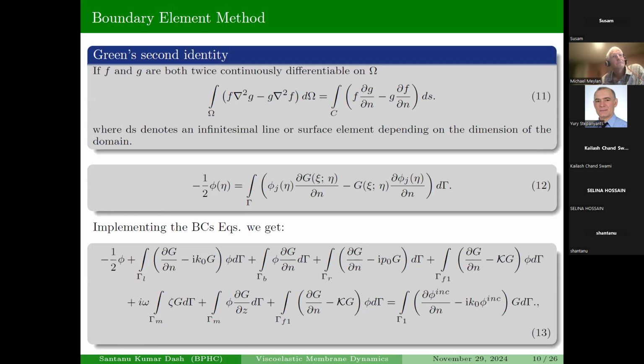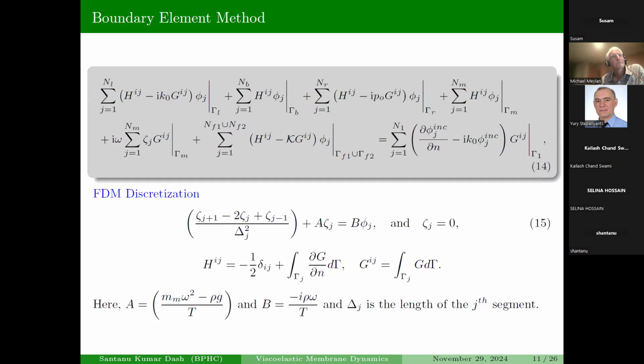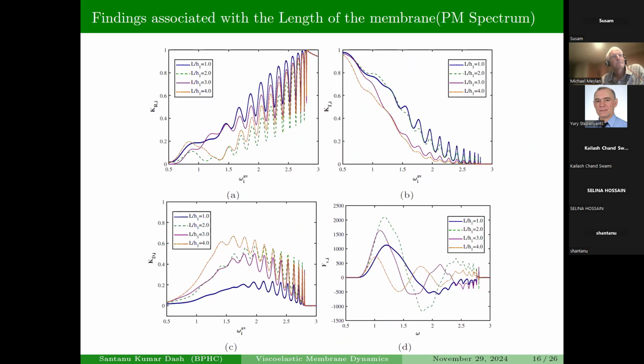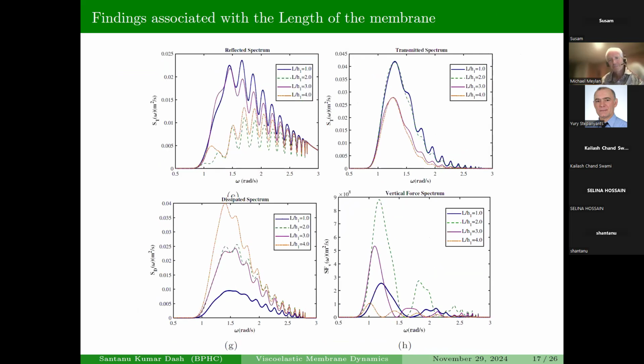Only together can we decide under which circumstances it behaves very nicely. A few of the results, if you can see here, are associated with the dissipation for the length of the membrane. Okay, thank you.